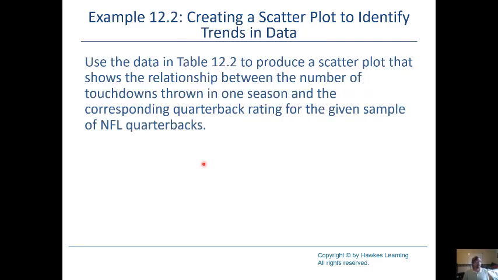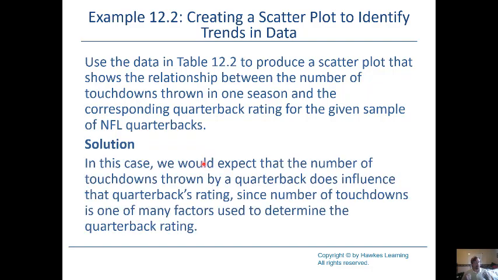If we use that same table of data to show a scatter plot between the touchdown throws and the quarterback rating for those sample quarterbacks, again we would expect the number of touchdown throws to influence the rating, since touchdowns are one of the factors that go into it.